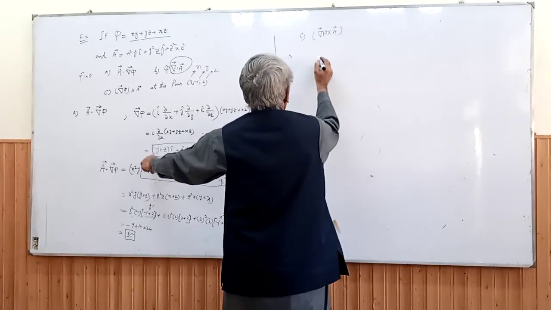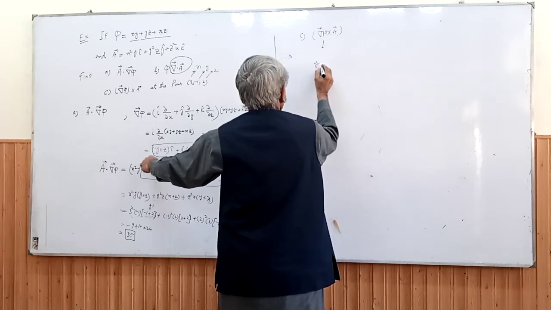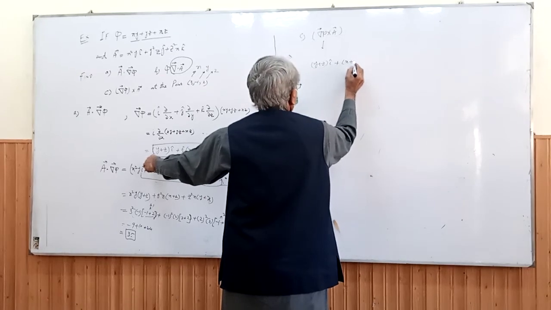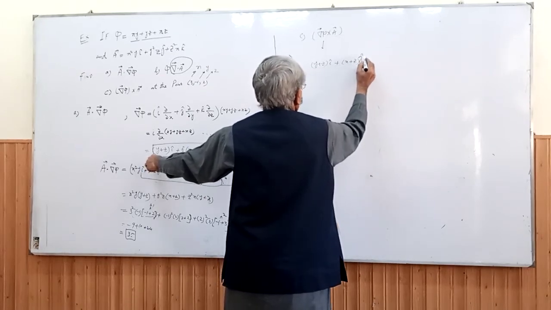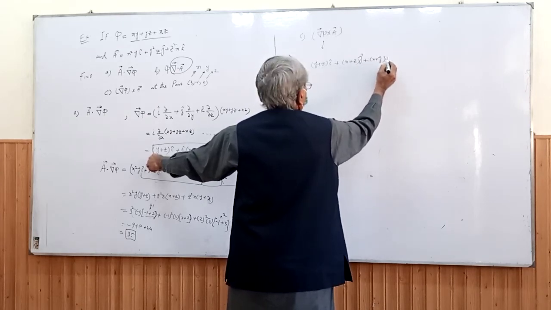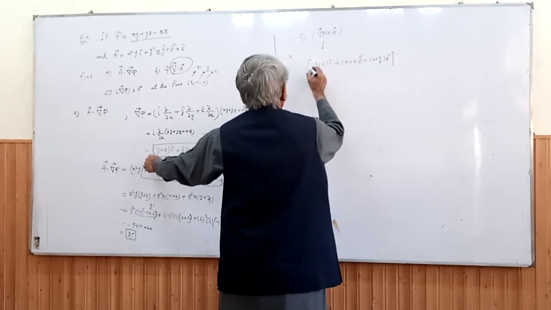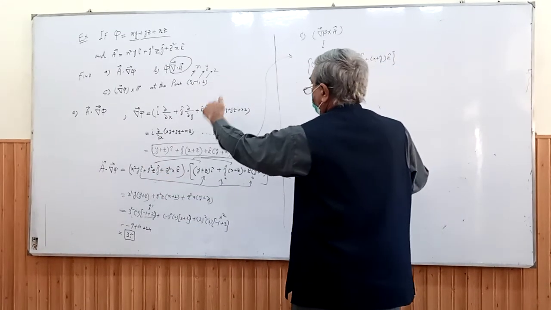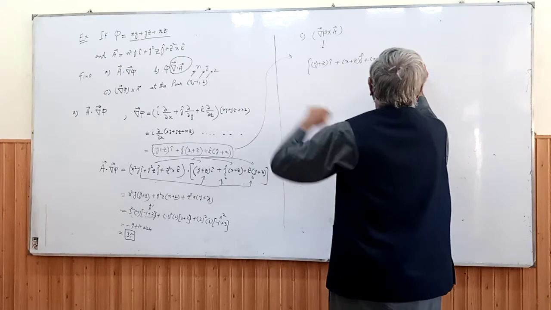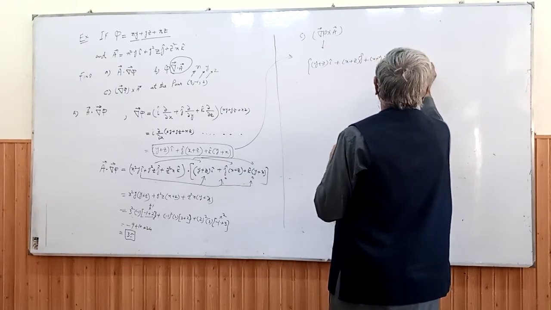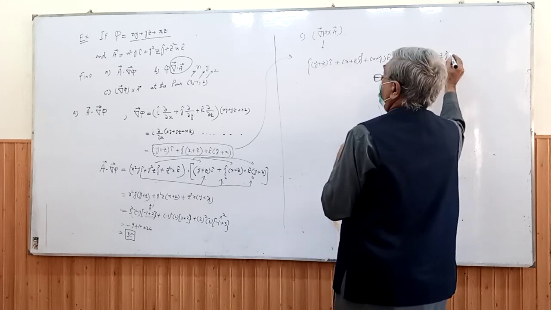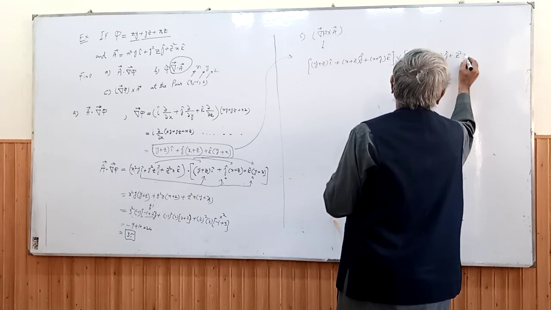So I can write it like this: y plus z i plus x plus z j plus x plus y k. That is your del phi which we have calculated in part first. Then cross A, which is given up there in the problem, x square y i plus y square z j plus z square x k.